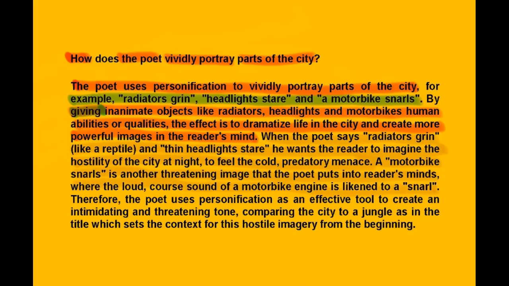So you can see that after the first examples are given, we spend the rest of the paragraph explaining and elaborating why the tool of personification is used to vividly portray parts of the city. So we're explaining why that tool works.